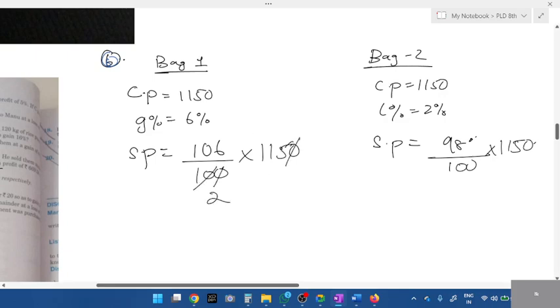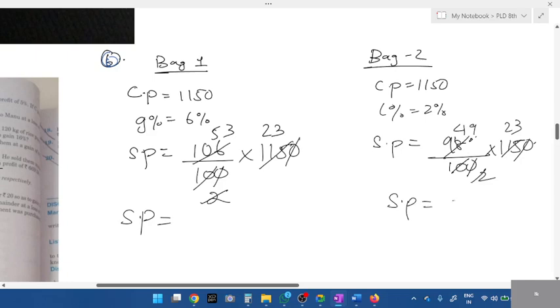Five twos are 5, 23s are 2 ones are 2. Multiply 53 into 23, you'll get this. Multiply 29 into 43, 53 into 23.